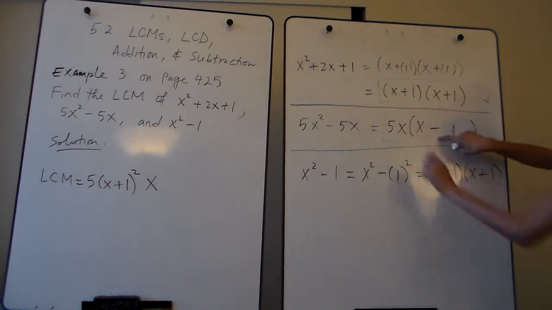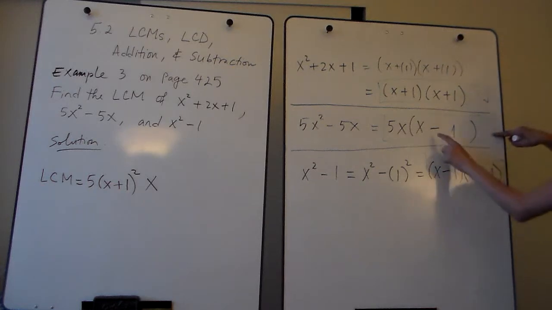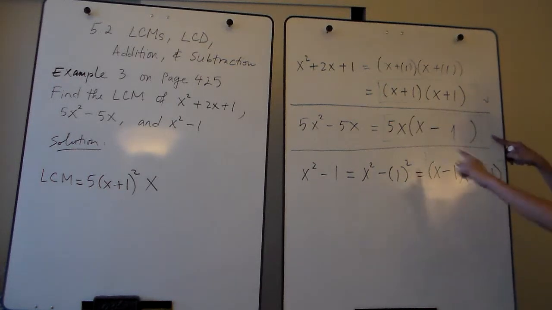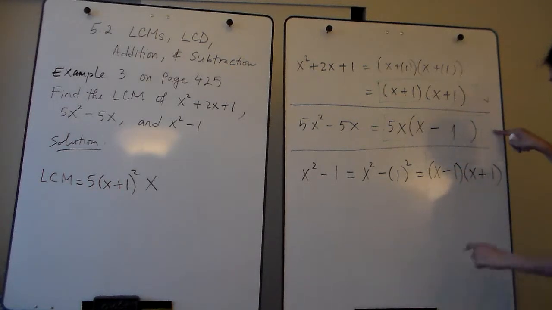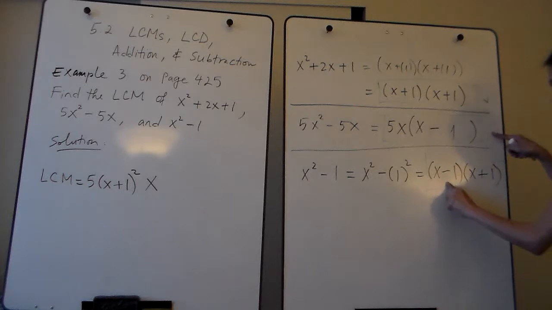So we need to look at x minus 1. So x minus 1 happened in this second expression. There's no x minus 1 here. This x minus 1 happened one time, because it's the first power. Now let's check if this x minus 1 happened in the third expression. Yes, it happened here, right? So x minus 1, x minus 1. How many times did it happen?